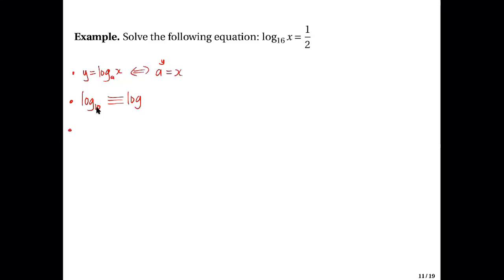Also, we have logarithm with base e. We simply write this as ln. Okay? So we might need these two later in the next slides. But anyway, for this equation here, we will only use this first part for now.